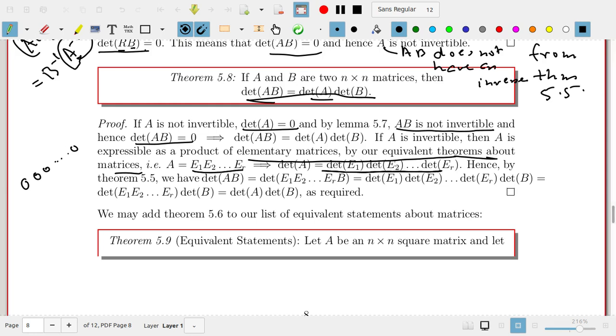So by theorem 5.5, we have determinant of AB equals determinant of E1, E2 all the way to ER times B, which is determinant of E1 times determinant of E2, all the way to ER, times determinant of B, which is the same as the product of these, E1 to ER, times determinant of B, which is determinant of A times determinant of B as required, right? So we've proven this theorem.